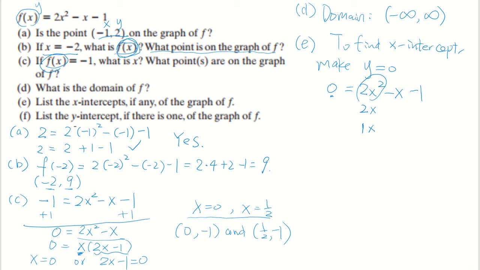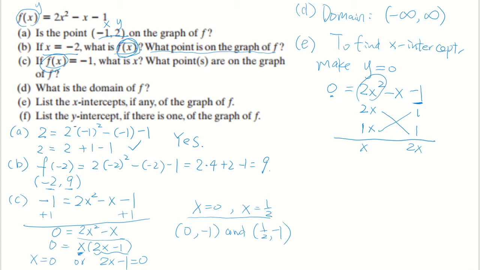Then I'm going to factor this number, which is 1 times 1. Let's ignore the sign for now. Now I'm going to cross multiply. 2x times 1 will give you 2x. 1 times 1x will give you x.